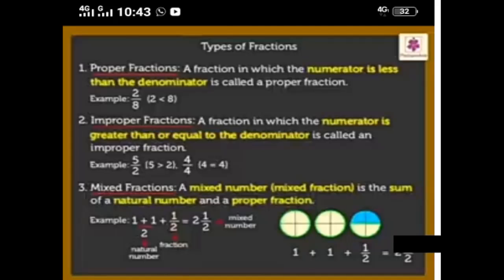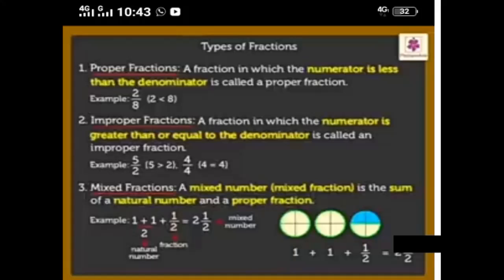That 2 is the natural number and 1 by 2 is represented as the fractional part. When the two parts are combined or mixed, that fraction is called a mixed fraction.